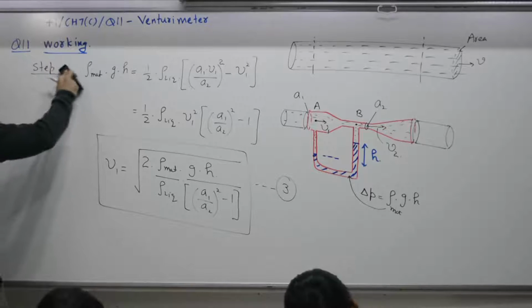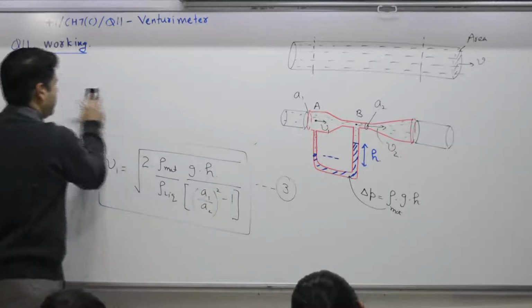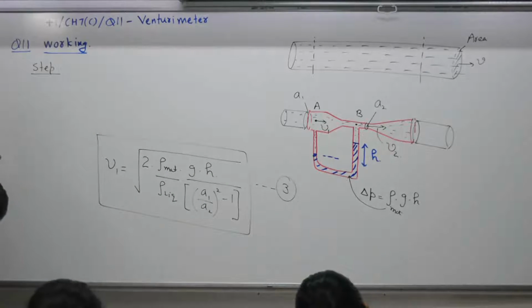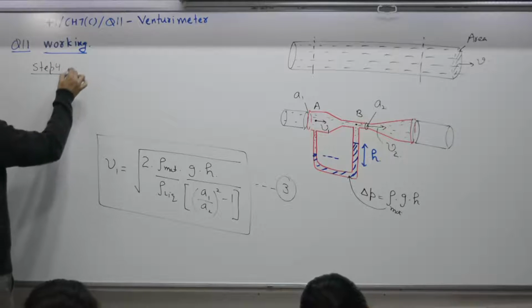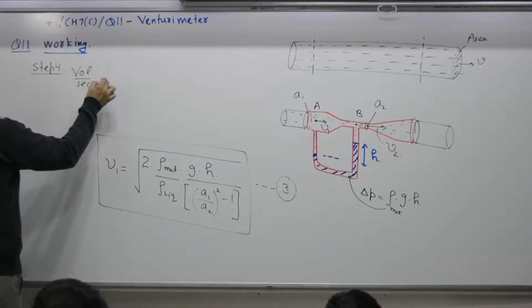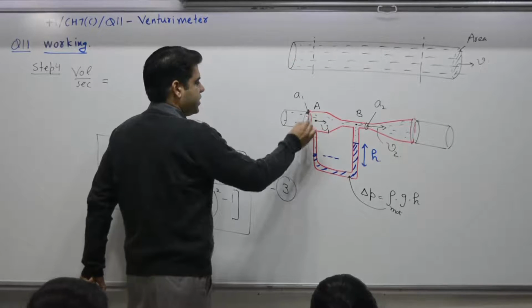Step 4. What we want to find out is the volume flowing per second. Yes, volume flowing per second to this point is what?